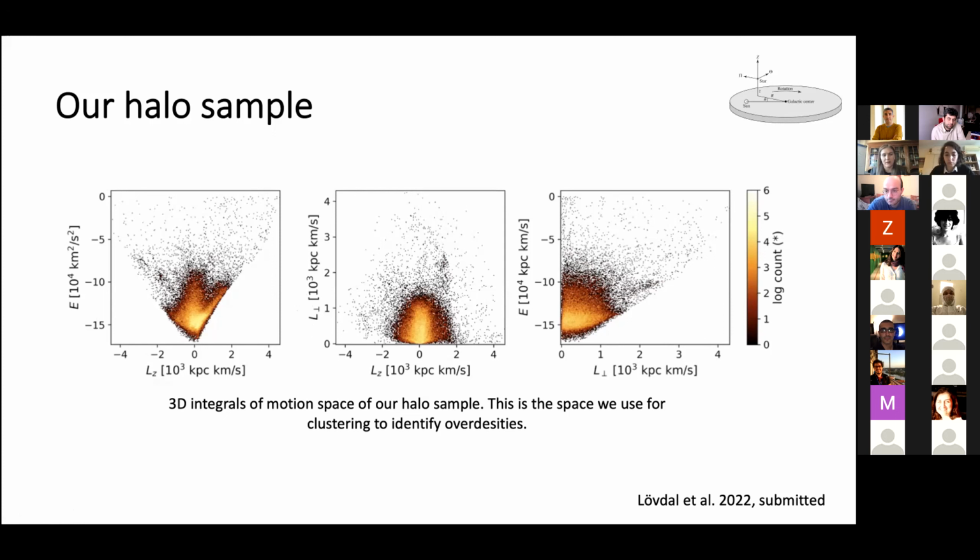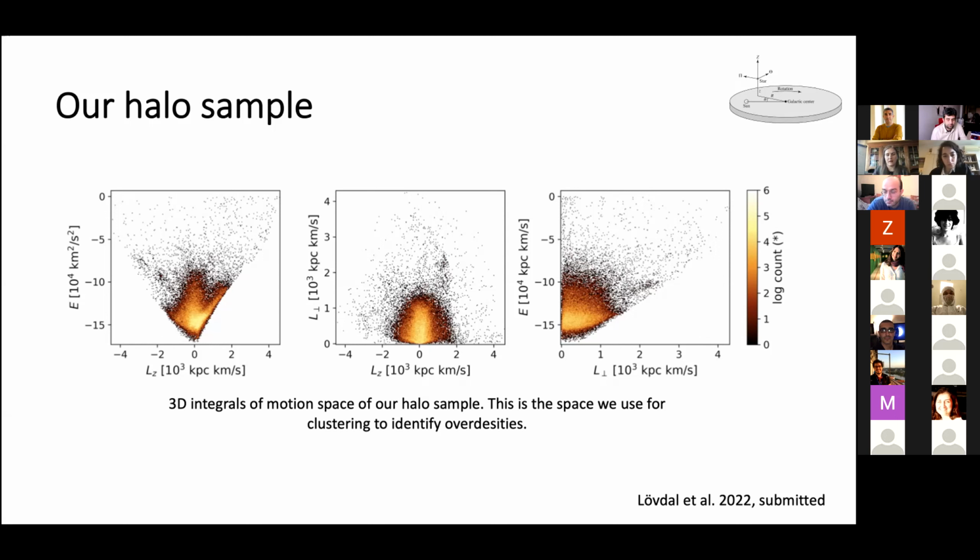And the perpendicular angular momentum is not a true integral of motion, at least not unless you have a perfectly spherical galaxy. But we know from simulations and modeling that stars should remain clumped in this space, even if it's not perfectly conserved. So this is the 3D space that we want to use to try and look for these over-densities and look for substructure from different merger events that might have deposited stars into the local halo.